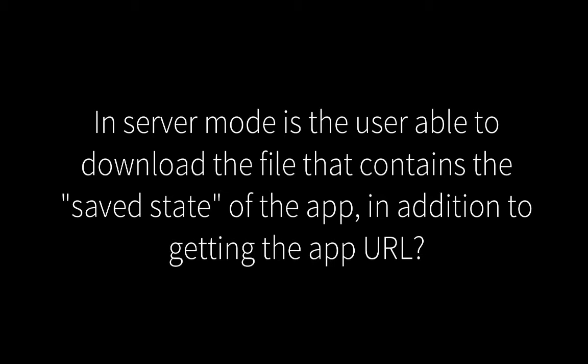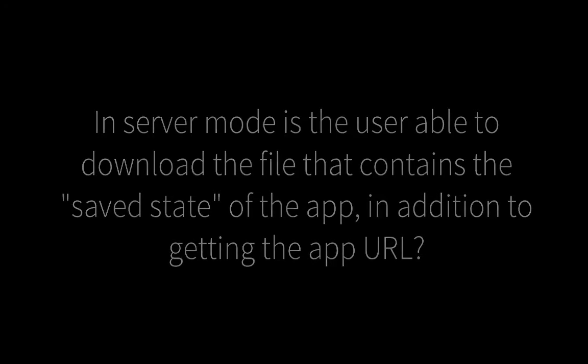Whenever a state is saved to the server, a new directory is created and all the necessary information is saved in there, and it should be possible to retrieve that. There's not a simple API exposed to do that. It is possible to find that directory, and then you can zip up all the files in that directory if you wanted. So yes, it's possible, but it's not trivial for most users, I think.